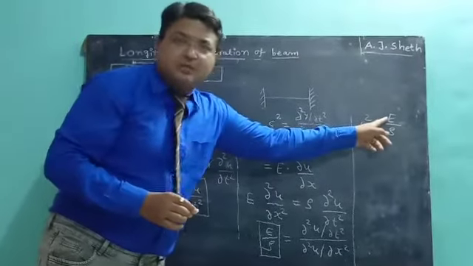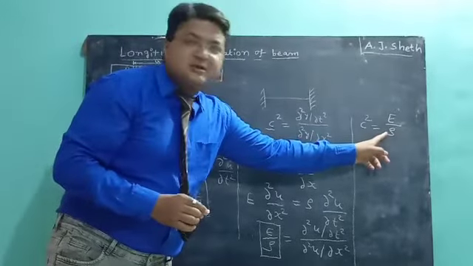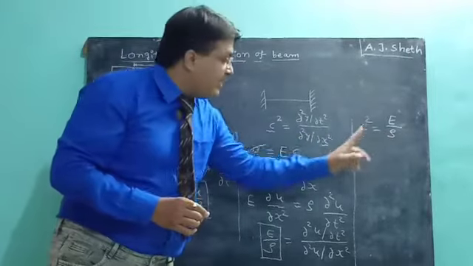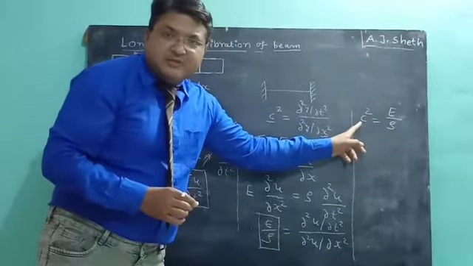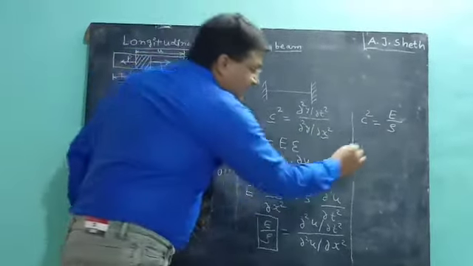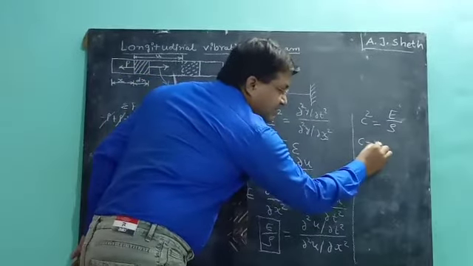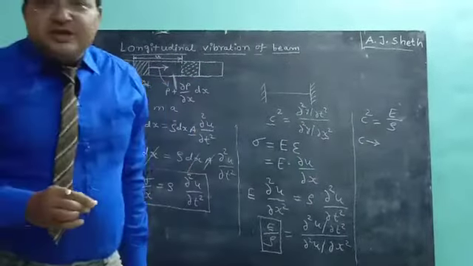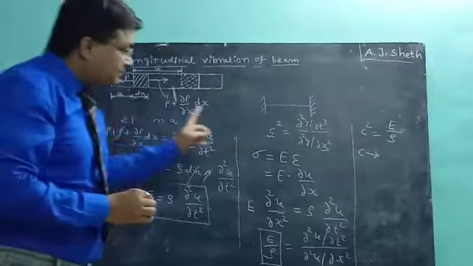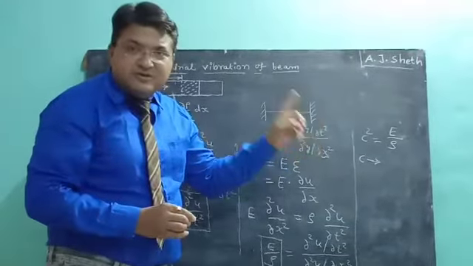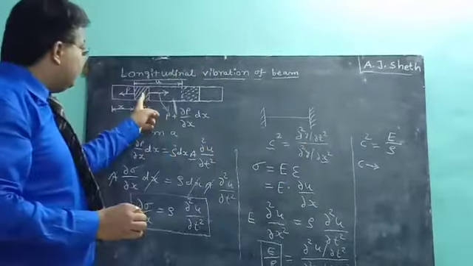Numerator is modulus of elasticity, denominator is rho, that is density. And this C is nothing but the velocity of propagation of stress or displacement.